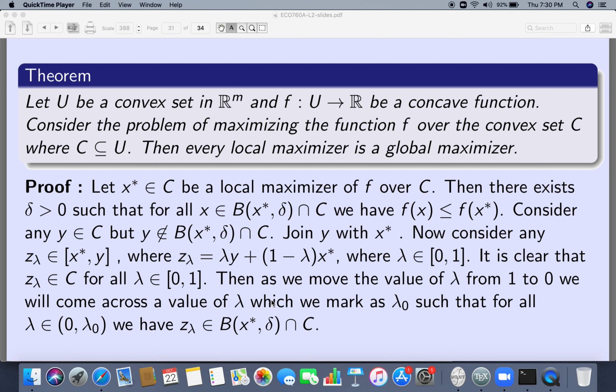So x star is lying in that zone, it is an interior point of the ball. So some part of the line segment is within that zone. As you start walking, reducing the value of lambda from 1 to 0, there is a point beyond which you come inside that zone, and that is what I have written.